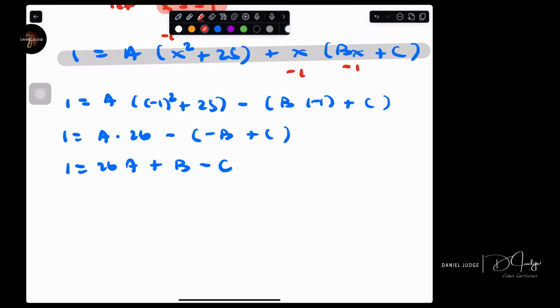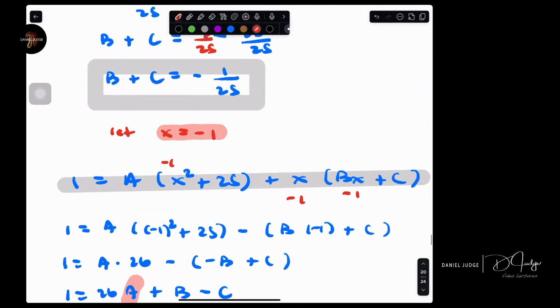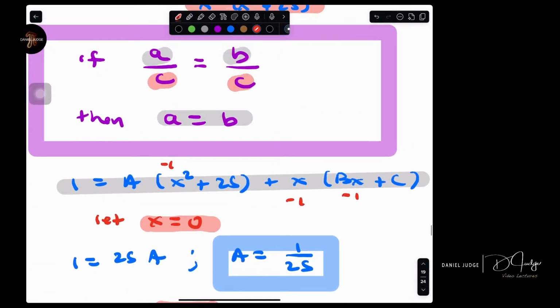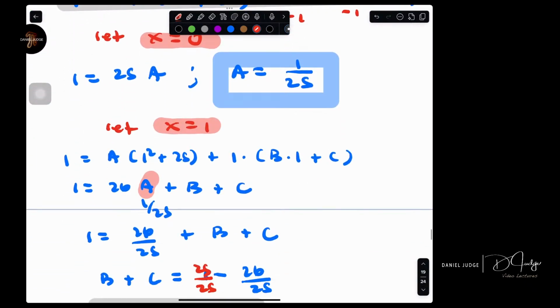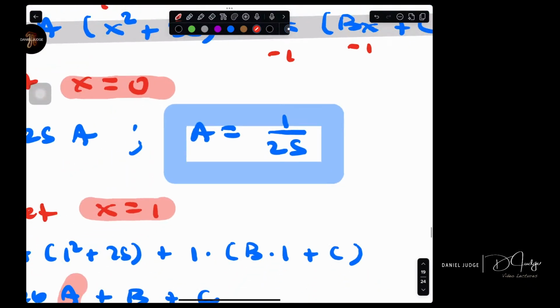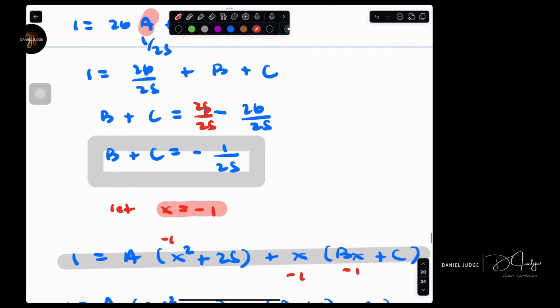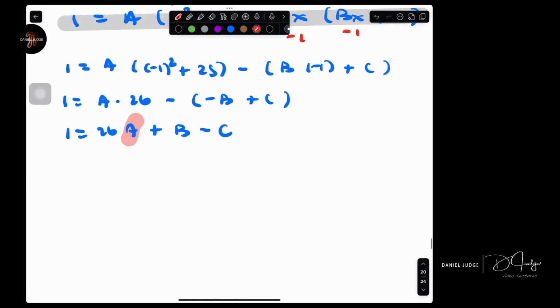So let's recall that a is the value 1 over 25. So we can substitute that value back in. Now we get 1 equals 26 over 25 plus b minus c.